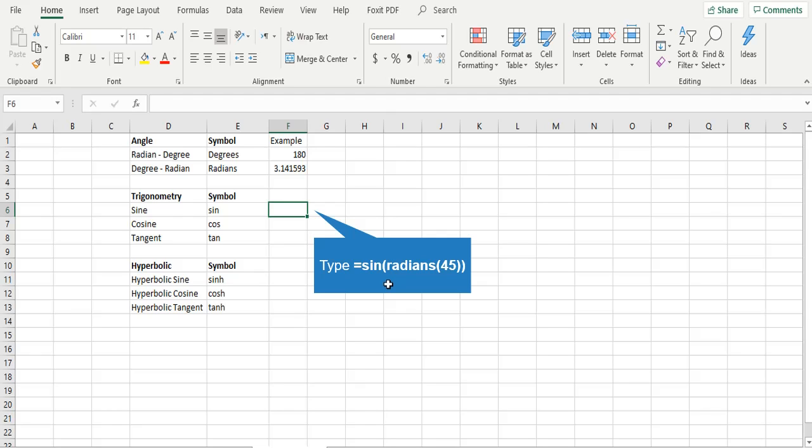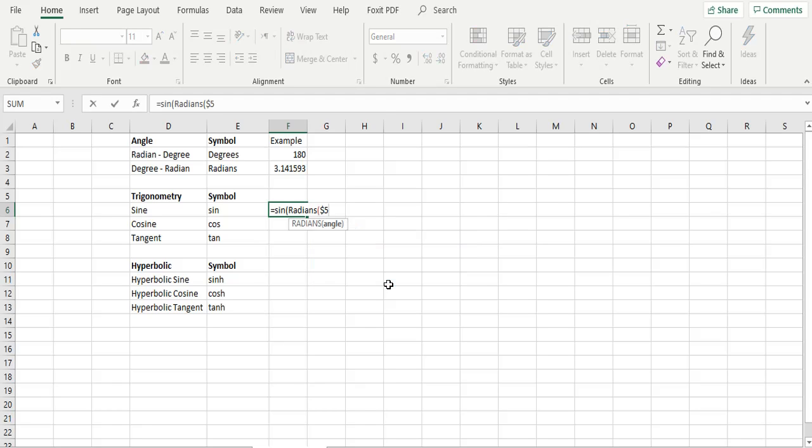We put sine there, and then remember we need to change it to radians. Radians, okay, then bracket 45, and close the bracket. Then we get the value.